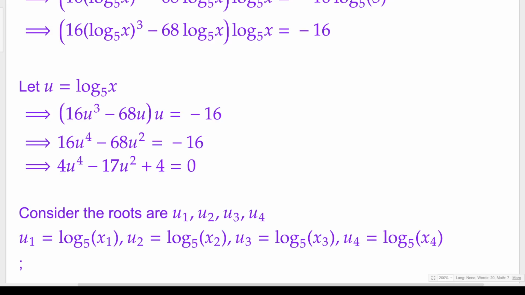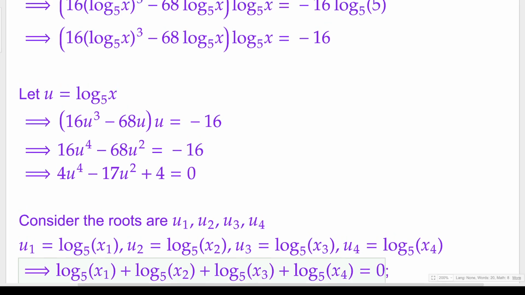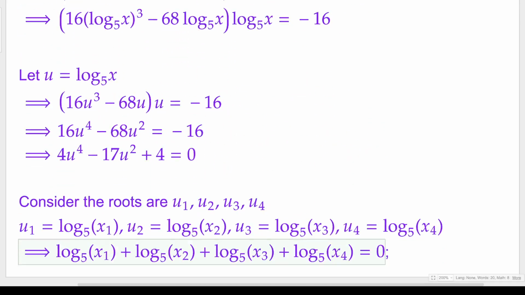Now I'll take the sum of these roots, that is log base 5 x1, plus log base 5 x2, plus log base 5 x3, plus log base 5 x4. If I take the sum of all these roots, this will be equal to 0.